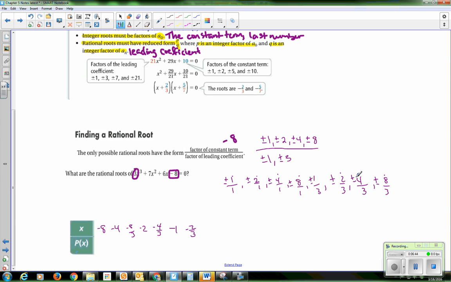This is just a fun activity with fractions. Then we start our positives again: positive 1/3, positive 2/3, positive 1, positive 4/3, positive 2, positive 8/3, positive 4, and positive 8.